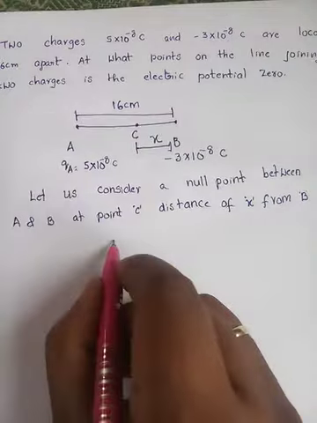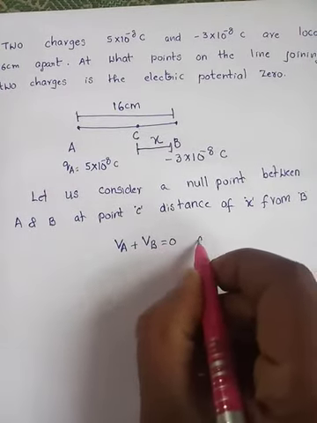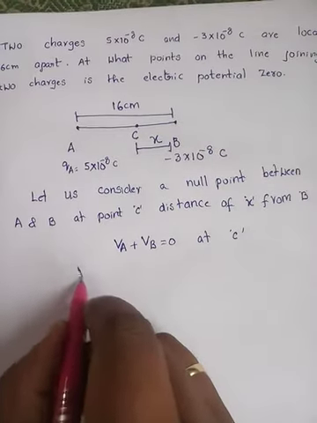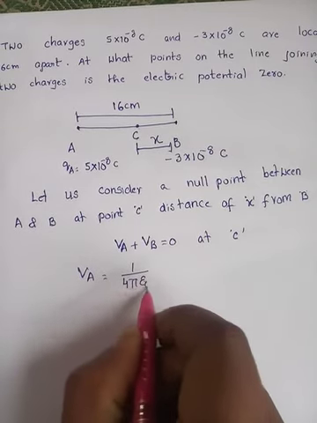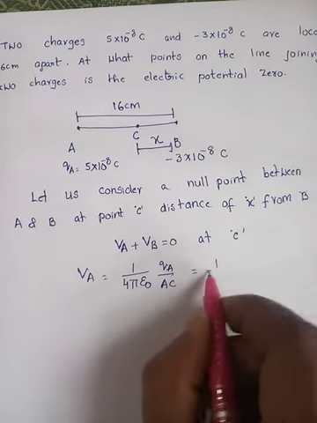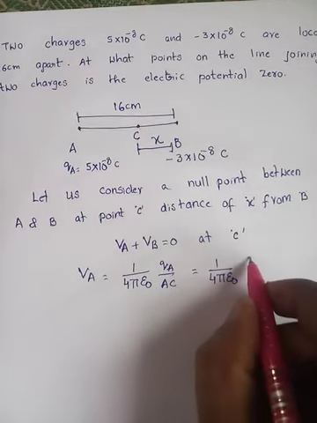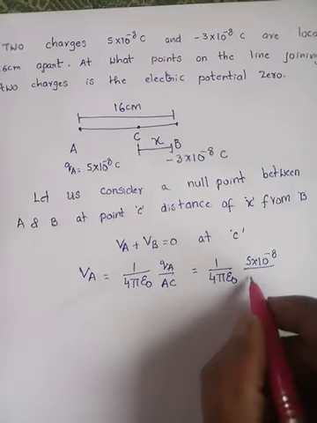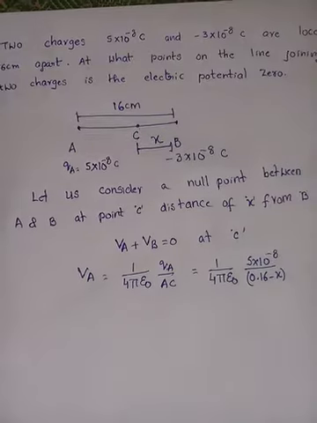So the net potential VA plus VB equals 0 at C. What is VA? VA equals 1 by 4 pi epsilon naught QA by AC, that equals 1 by 4 pi epsilon naught into 5 into 10 raised to minus 8 by the distance from A to C, which is 0.16 minus x.